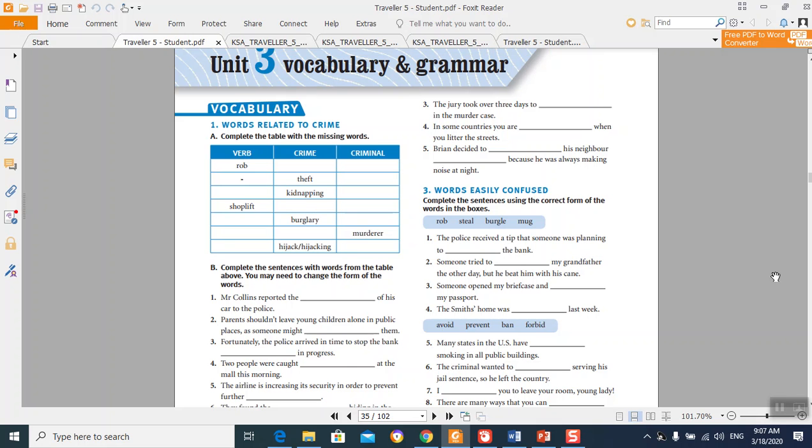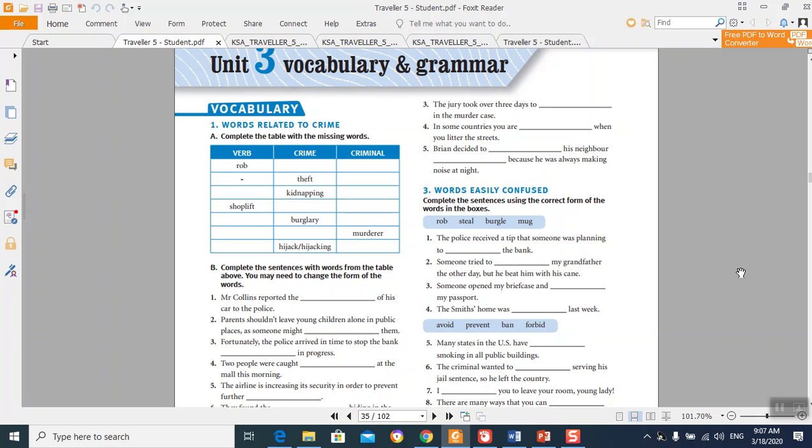You can see in page 34, first exercise 1A, there is a table. These are words related to crime. In this table, it is divided into three categories.